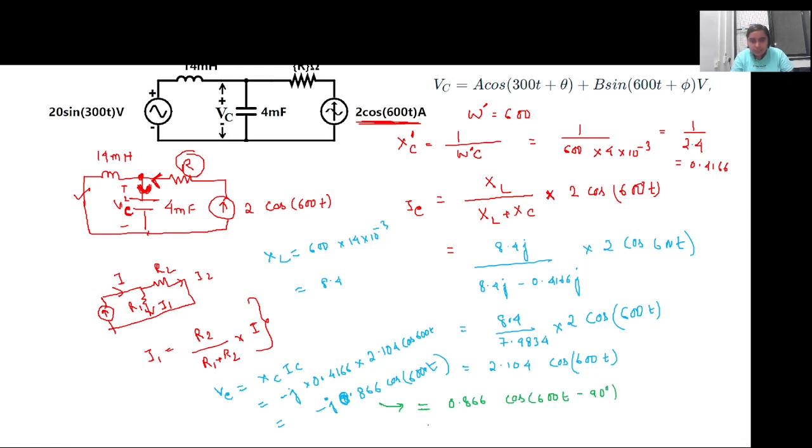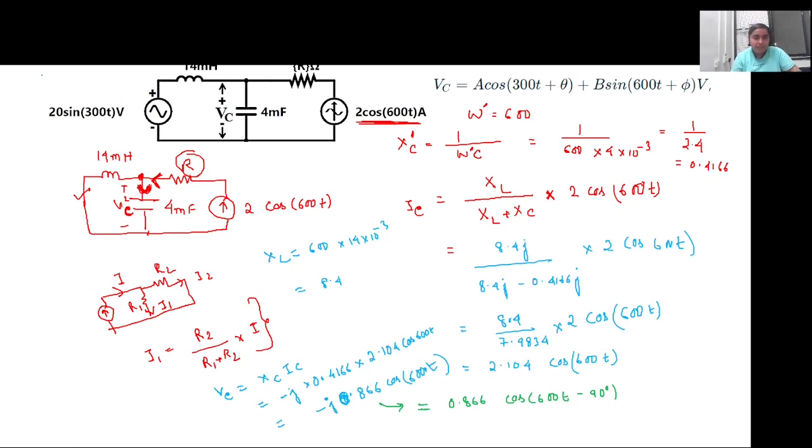If you are to write in terms of, let's say, sine, we also know that cos of minus theta is equal to cos theta. Ma'am, I am not understanding how to convert this.